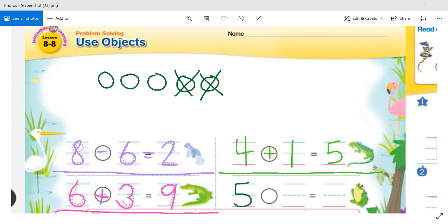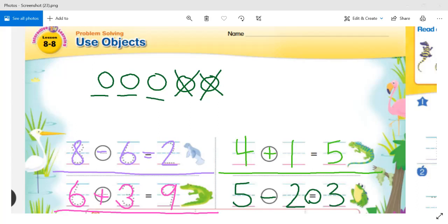Remember, we always start with how many in all? 5 frogs in the pond. 2 frogs hop away. So do we do addition or subtraction? A minus or a plus sign? A minus sign. 5 minus 2 equals how many? 1, 2, 3. 3. So there are 3 frogs left.